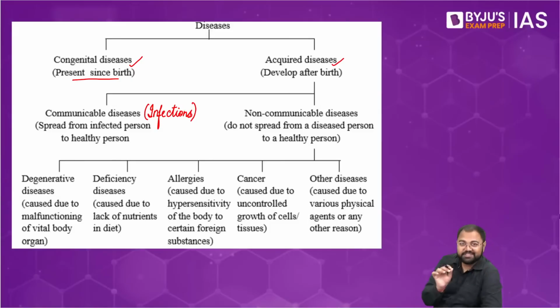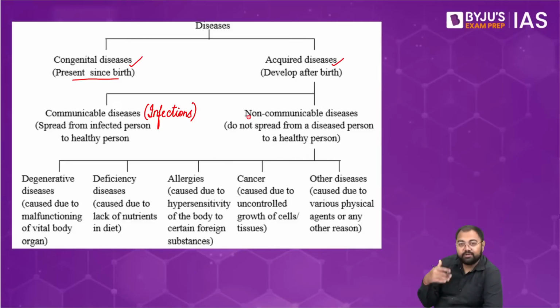Now infection is a term that many a times is misused. We often use the term infection for any kind of disease. But always remember that medically, infection is a term that should be used only with communicable diseases and not with anything else. Then you have non-communicable diseases, which will not spread.